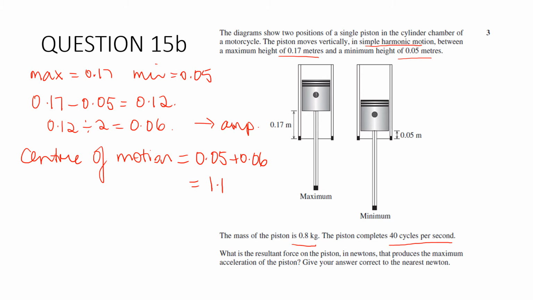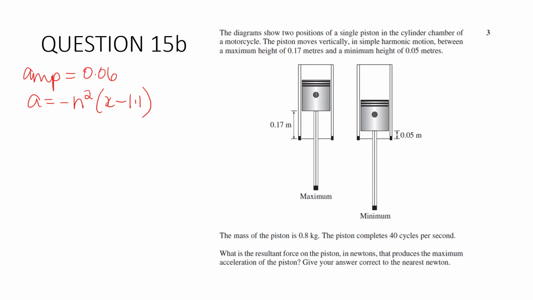So we're going to have acceleration is equal to negative n squared times (x minus c), the center of motion, x minus 1.1. And now we need to work out n. Now we're told that the piston completes 40 cycles per second. That's actually the frequency. And frequency is equal to 1 over the period. And so our period is 1 over 40.